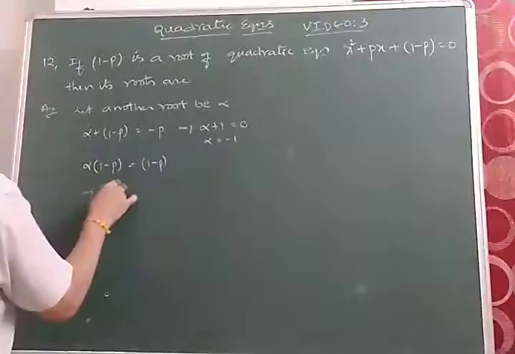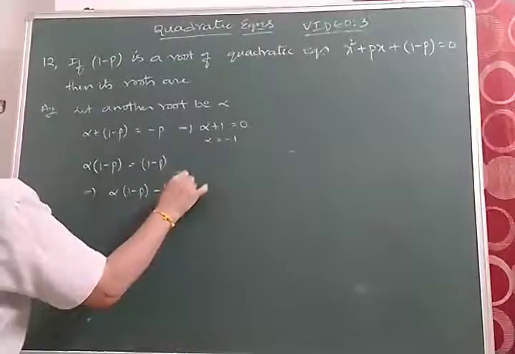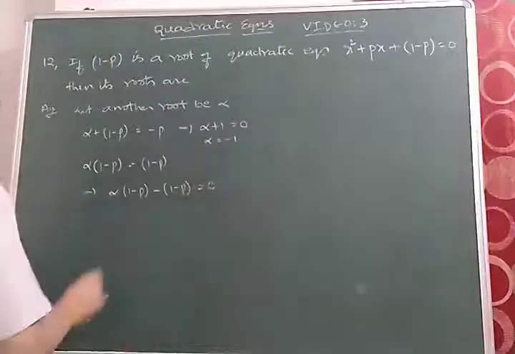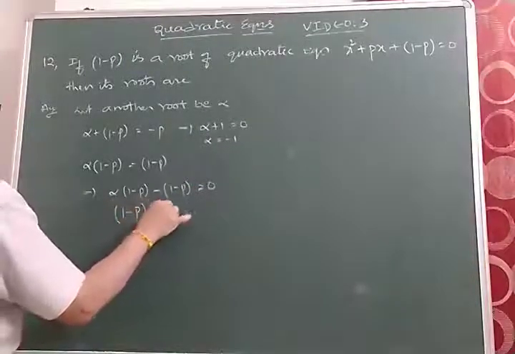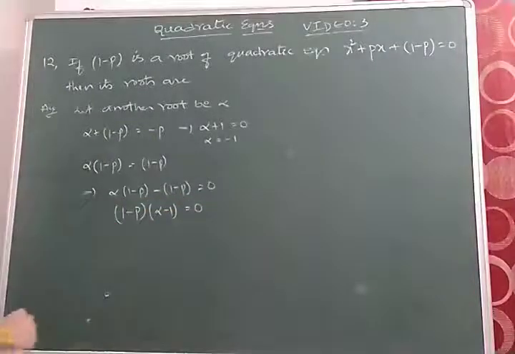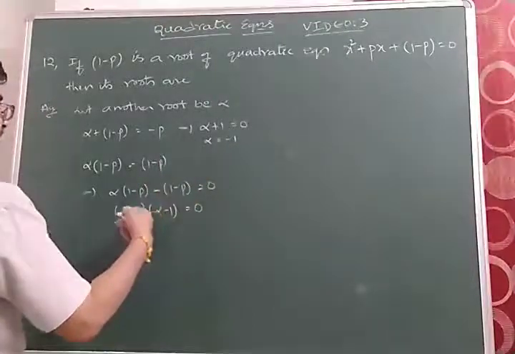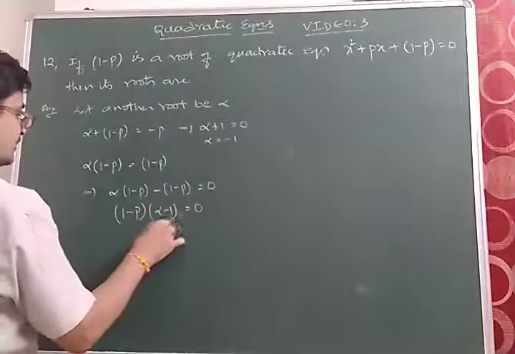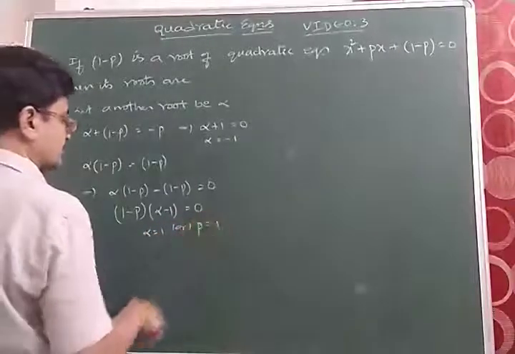So that implies alpha into 1 minus p minus 1 minus p is equal to 0. Taking 1 minus p common, and alpha minus 1 is equal to 0. When alpha is equal to minus 1, p is equal to 1.